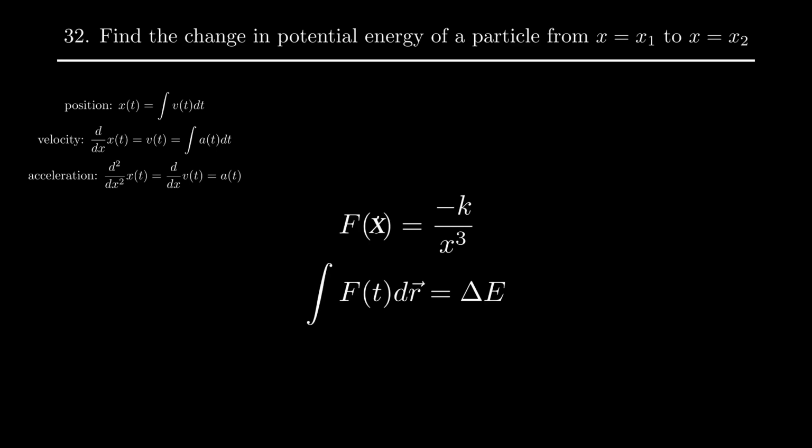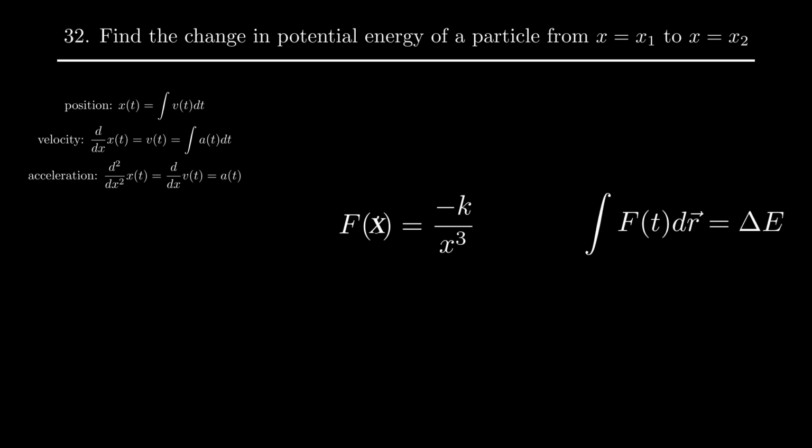So, since we are trying to find the change in energy from x1 to x2, we simply set up a definite integral from x1 to x2, integrating the force. Then we simply plug in the force equation that was given to us, and we rearrange our integrand so that way we can perform the anti-power rule.